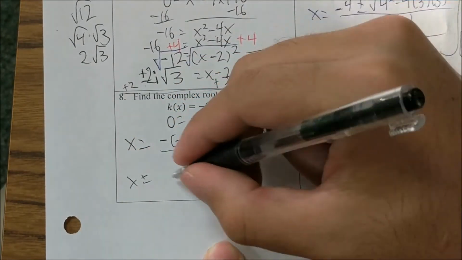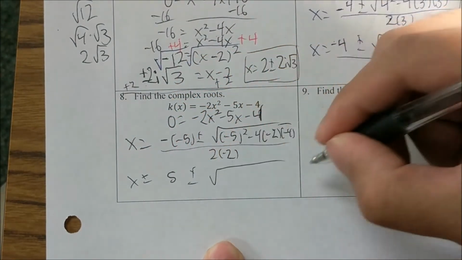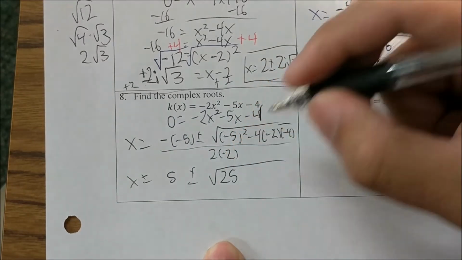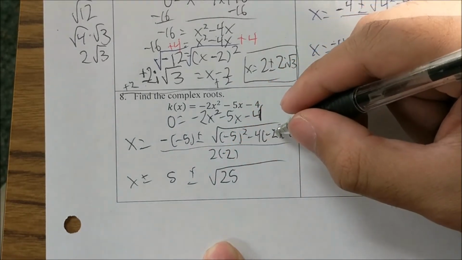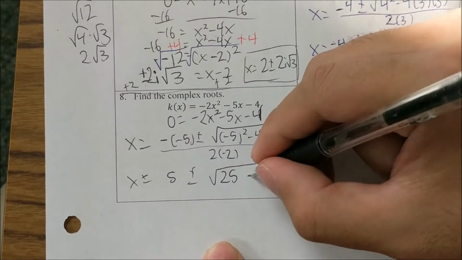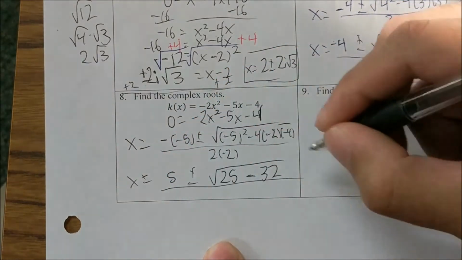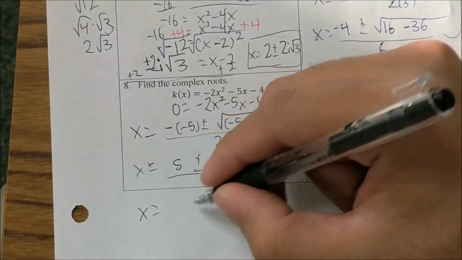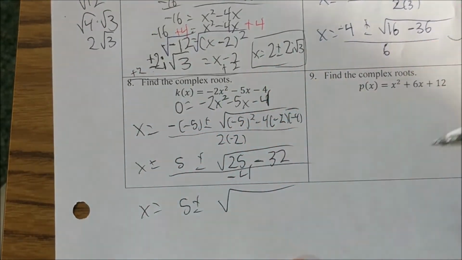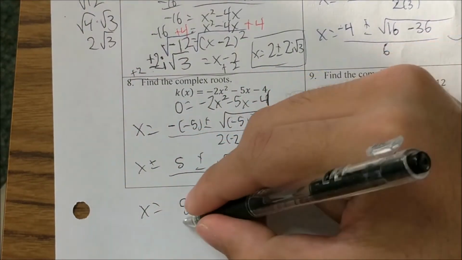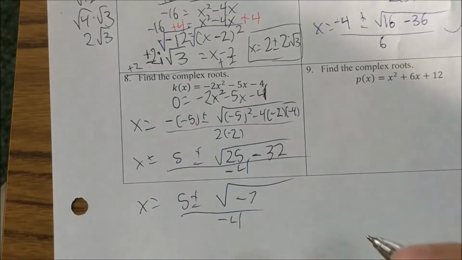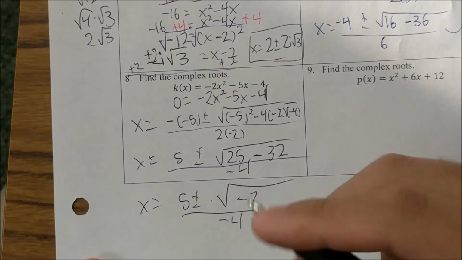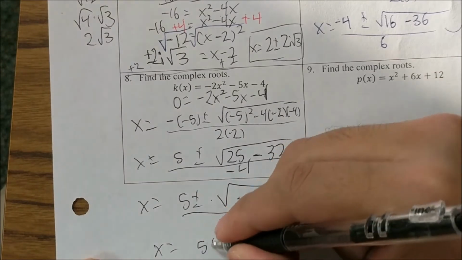Negative 5 is positive 5. Negative 5 squared is 25. Negative 4 times negative 2 is positive 8 times negative 4 is negative 32. 2 times negative 2 is negative 4. 25 minus 32 is negative 7. And then I'll bring the negative out by turning it into an i.